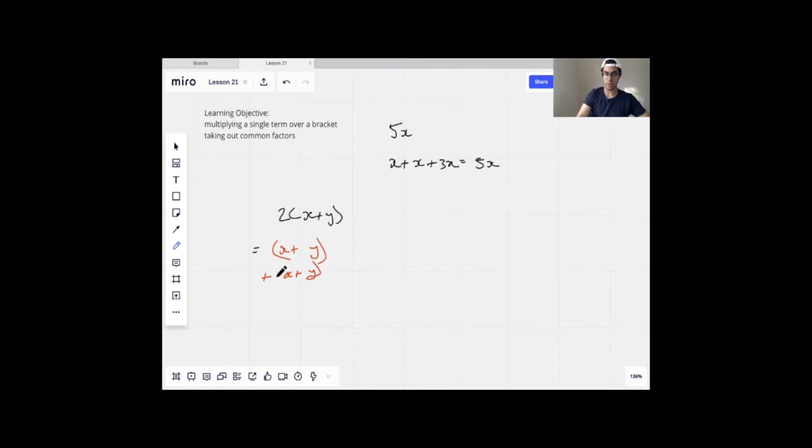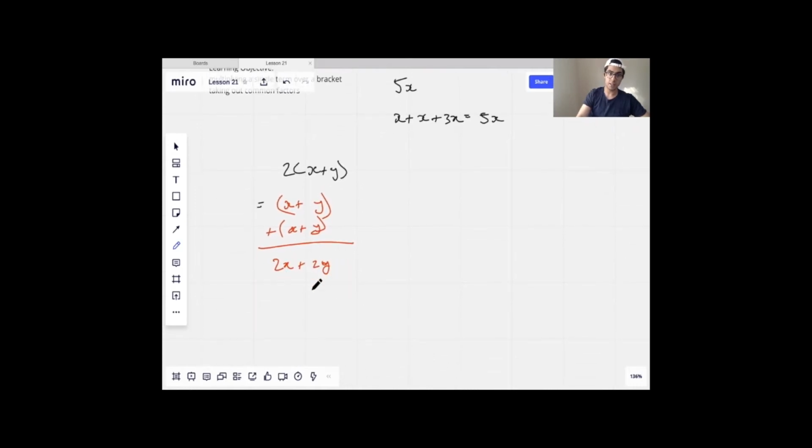We put this in brackets again, and that's cross multiplication, long addition, which becomes 2x plus 2y. But the thing is, if you see how that's played out, you can see that we could have just done 2 times x like this, and then 2 times y like that, and then added. And this property is known as distributive.